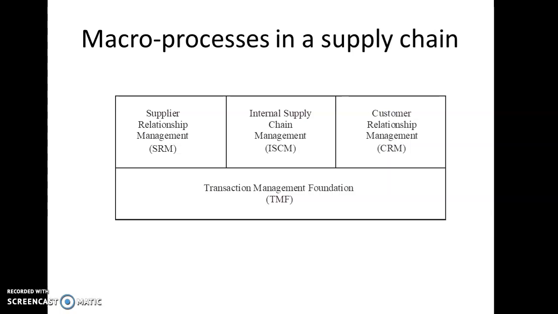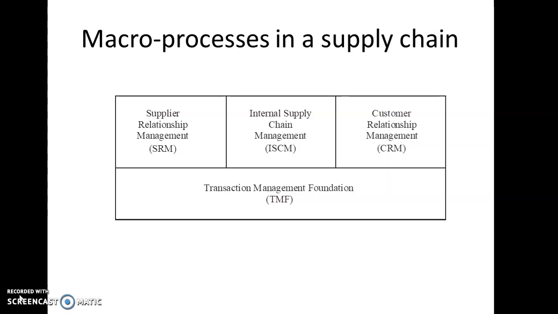TMF is there. It is used in all the stages of supply chain management, and it records the data in various stages of the supply chain, and it provides the data to the various macro processes as and when it is required, and also in different formats as needed by the particular macro process.